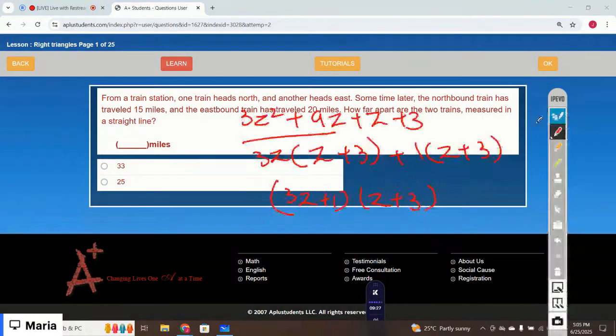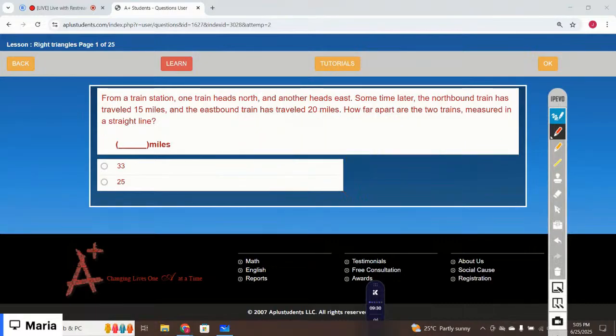Sometime later, the northbound train has traveled 15 miles and the eastbound train has traveled 40 miles. How far apart are the two trains measured in a straight line?